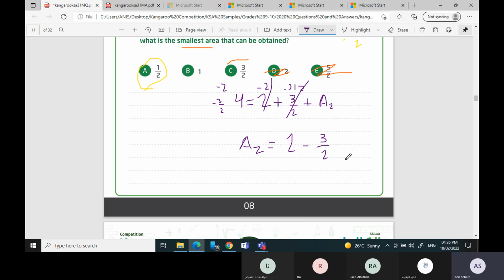Yes. But if you want, we can make a common denominator and then we can solve it. So it's 2 times 2, 4 minus 3 over 2, which is equal to 1 over 2. Okay, so also it's the choice A.